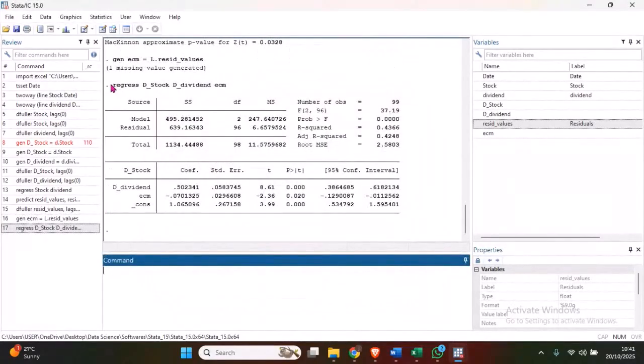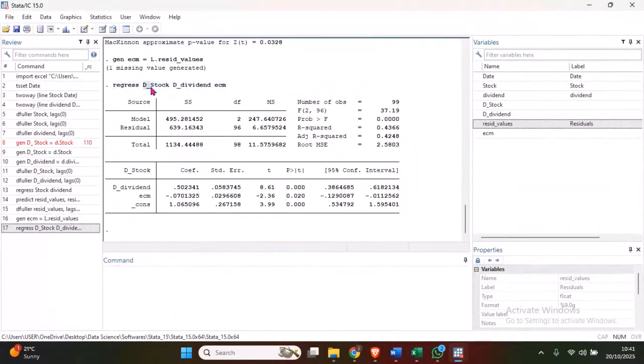Here are the results. We have regressed D stock against D dividend and ECM. The first result is the effect of dividend on stock. And then the second one, which is very important, is the ECM, where we first of all check whether it is negative and whether it is significant, to see whether there exists a long-run relationship between them.